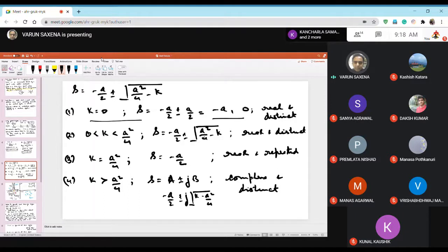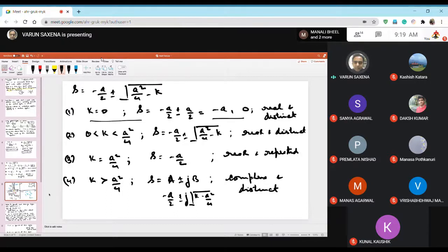They will move depending upon the value of k. At k equal to a square by 4, you got real and repeated roots at minus a by 2. And if you increased k to greater than a square by 4, then the roots became complex, and you could write them as a plus jb. So these were the four possible scenarios for the value of k in this example.